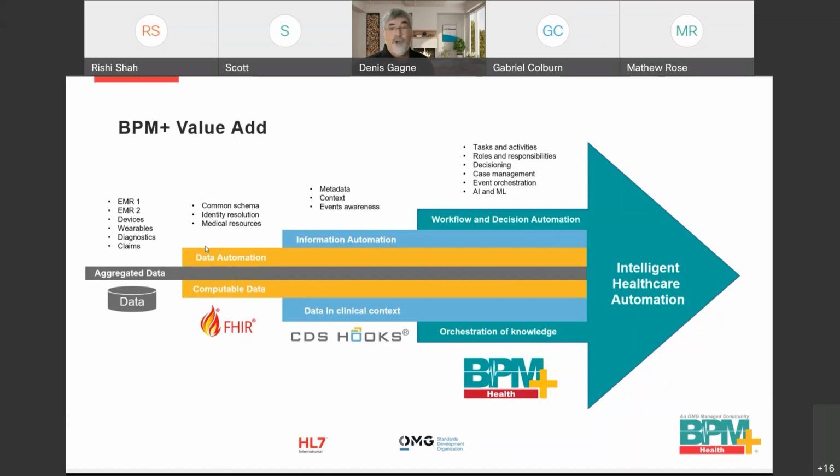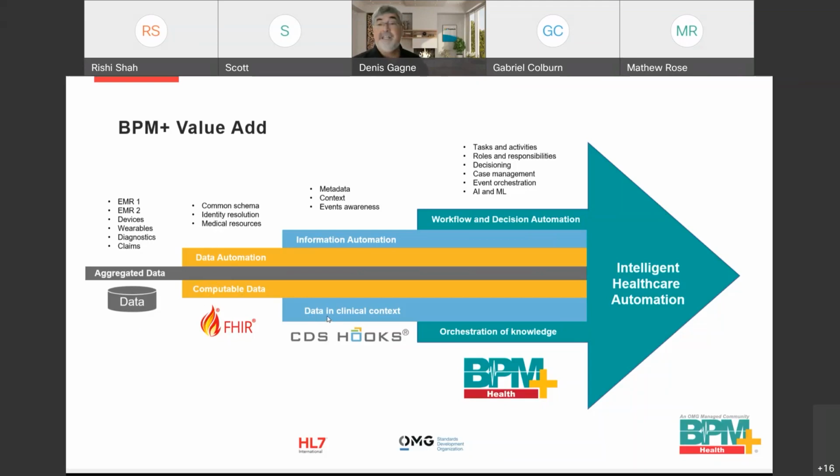So with FHIR, we gain a common schema, identity resolution, medical resources, and all these nice attributes that FHIR brings to the table. So it gives us an environment where we can really manipulate data and do computable data around data automation. Then if we add CDS Hooks or other kinds of hooks, then what we have is the data in the clinical context.